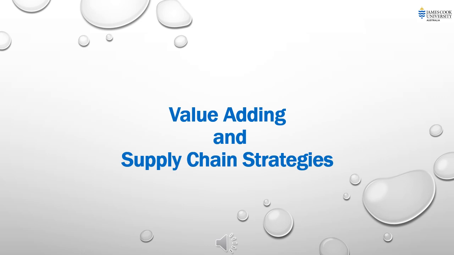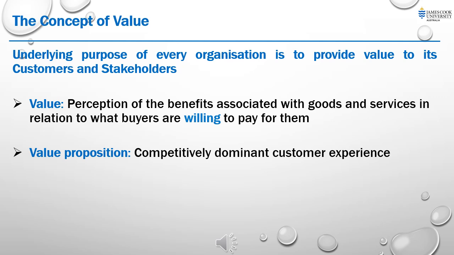Now let's have a look at value adding and supply chain strategy, which is very important to us. It's important to understand the concept of value. All those processes and networks that we have in supply chain and all those operation management activities that they do, it's very important that we add value to our raw materials that come from the manufacturer, and then we have a product at the end.